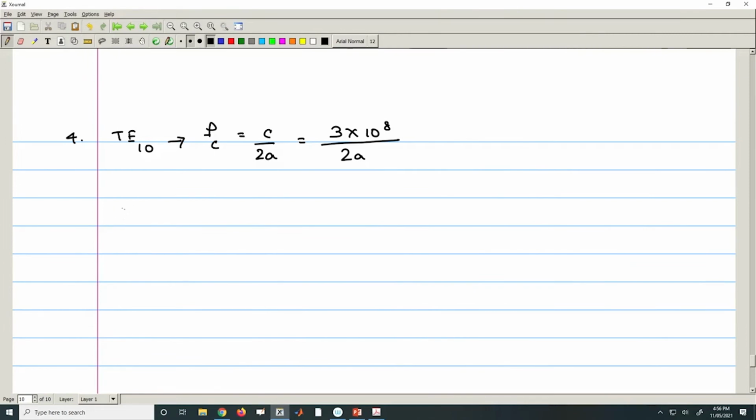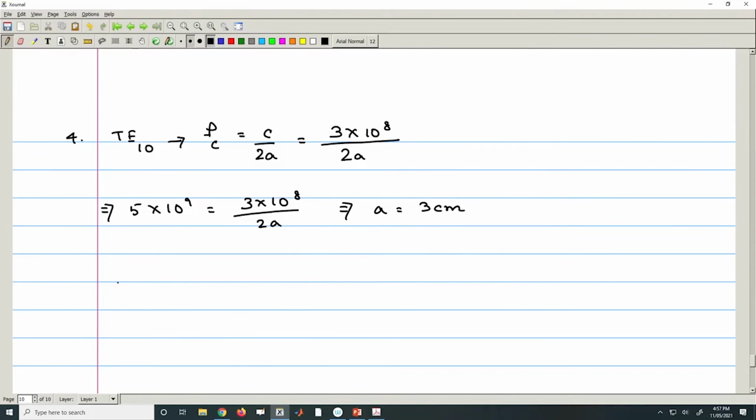So we can write down that 5 GHz is equal to this one. From this we can calculate the value of A and this comes out as 3 centimeter.